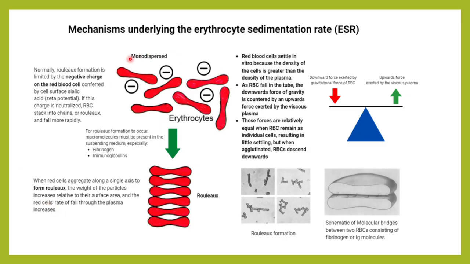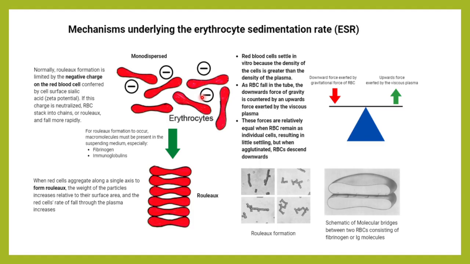So you know that these are the monodispersed RBCs. They have negative charges around them. Okay. So usually the RBCs do not come together. They do not form rouleaux. Why? Because there is this negative charge around the RBC, so they repel.